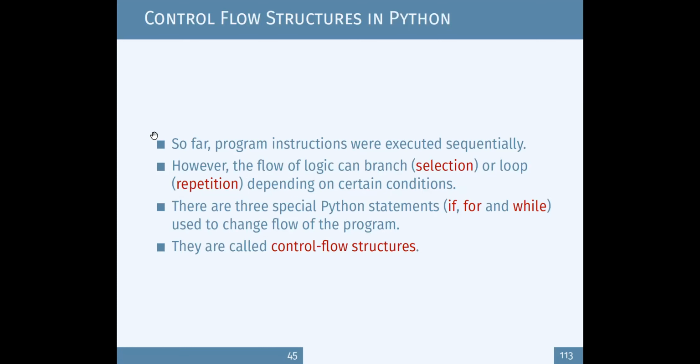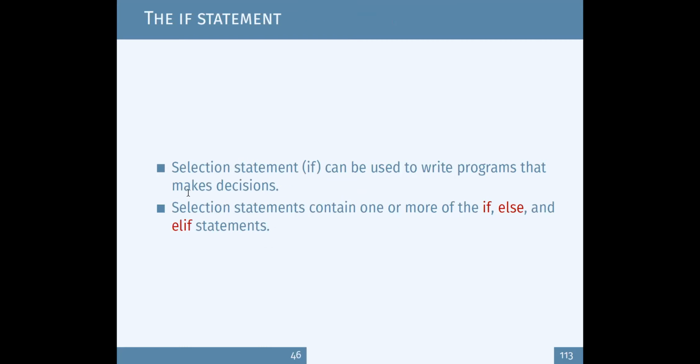Next, control flow structures in Python. We are discussing that you can have branch statements like selection, or you can have repetitions. If you start with the if statement, if can be used to make decisions.